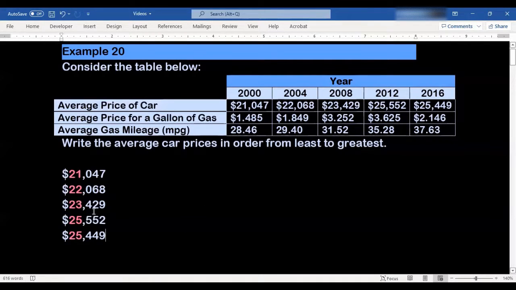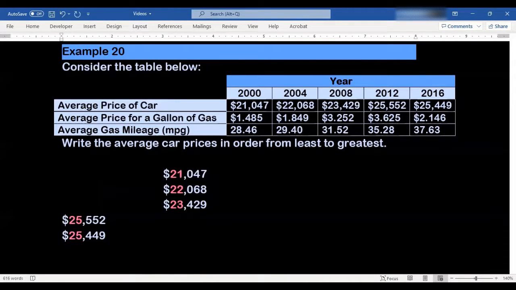I'm going to ignore all this stuff on the right and just look at what I've got highlighted in pink. We have 21, 22, 23, 25, 25. These numbers pretty much seem like they're in order so far. 21 is smaller than 22, which is smaller than 23, which is smaller than 25. Because these last two numbers are the same, both 25, I'm going to leave them off on their own for a minute, but these other numbers are all set in order.